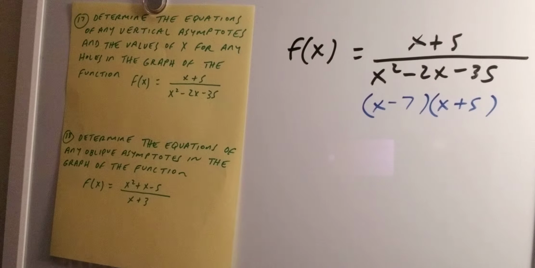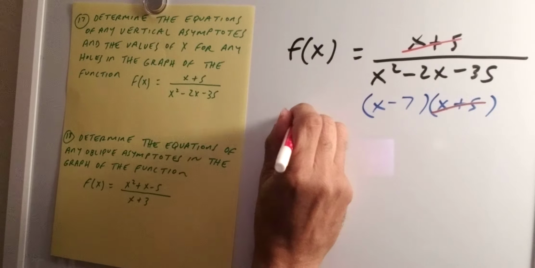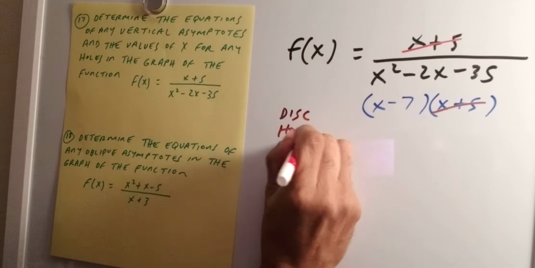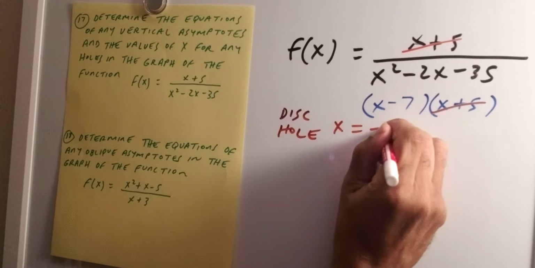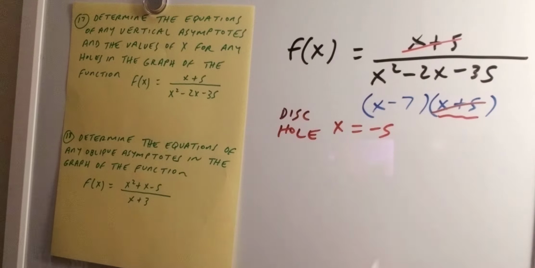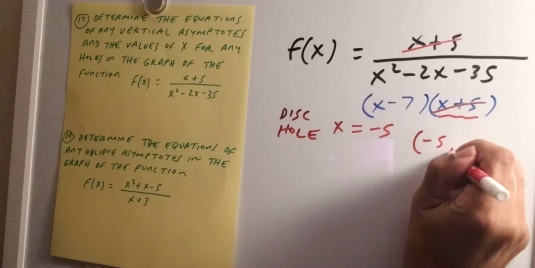Since x plus 5 and x plus 5 cancel, that's the discontinuity or the hole at x equals negative 5. From x plus 5, we get x equals negative 5 for the hole.